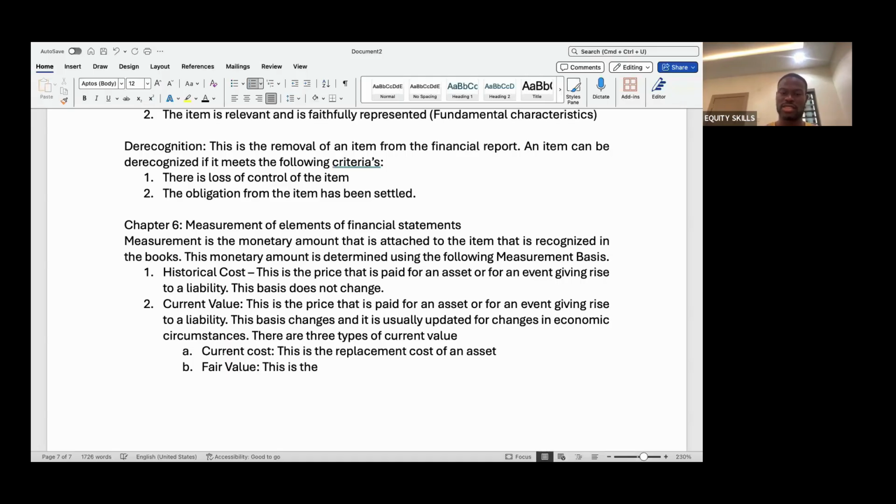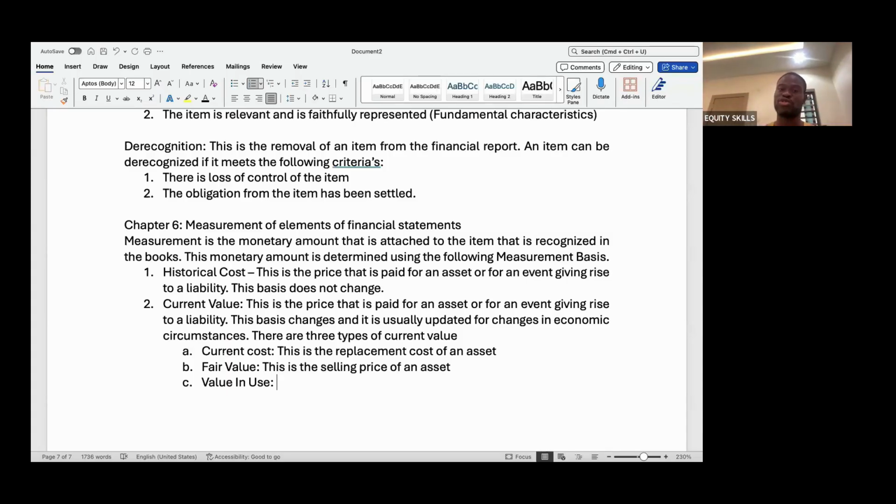And this is the selling price of an asset. If you look at how much you will receive when you sell an asset today, that's fair value. That's also current value. And the third one is value in use, meaning you are not replacing, you are not selling, but you want to have an idea of the value today on the basis of the fact that you want to continue to use it. What's the inherent value?